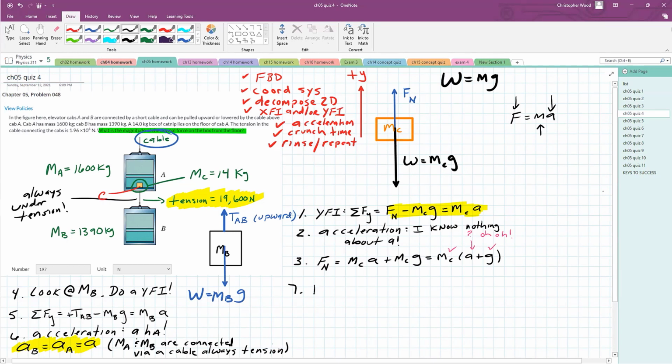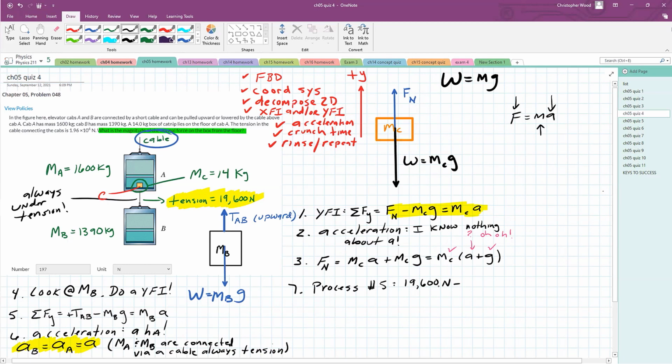So I'm going to process step number 5. If I start plugging in for number 5, TAB is 19,600 newtons minus MBG.